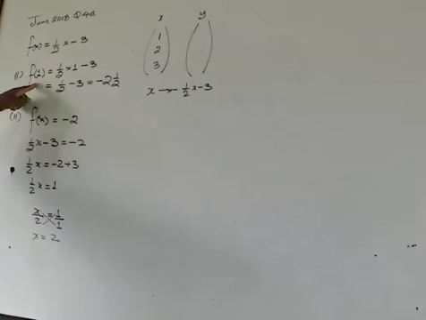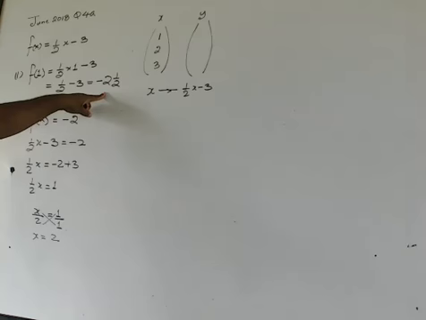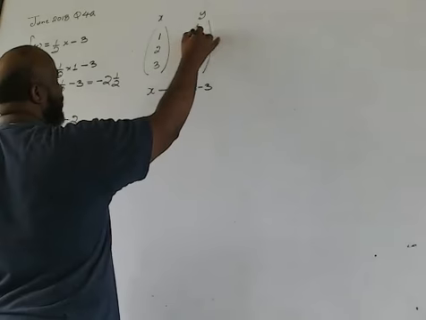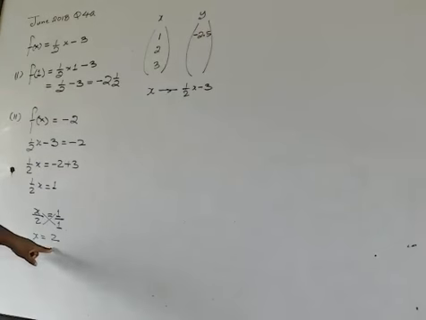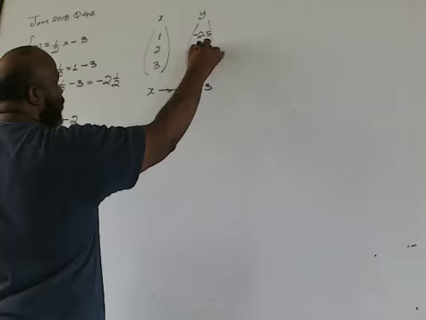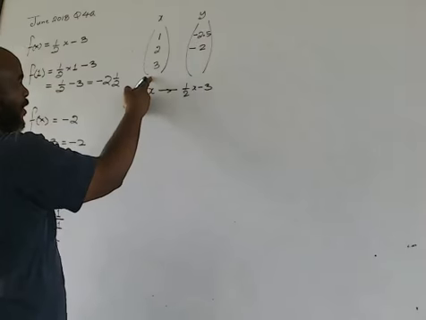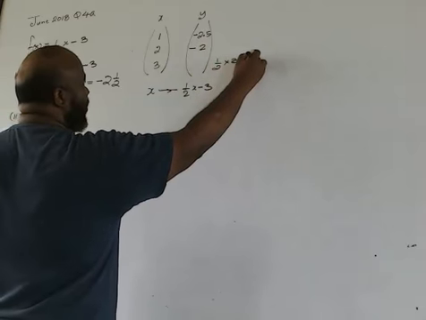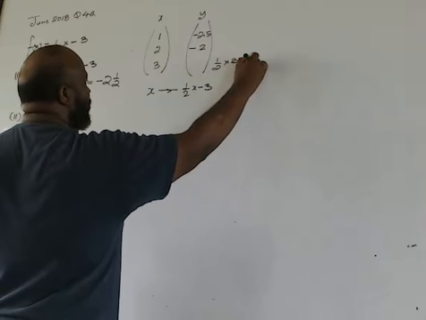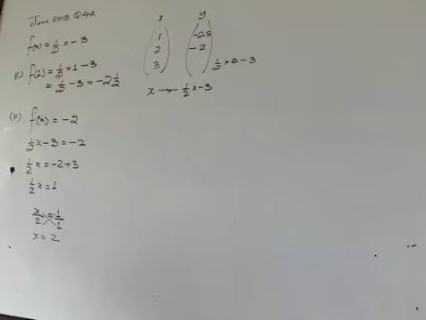When x is 1, f of x is equal to minus 2.5. When x is 2, f of x is equal to minus 2. Which one is missing? 3. So this is a half times 3 minus 3.